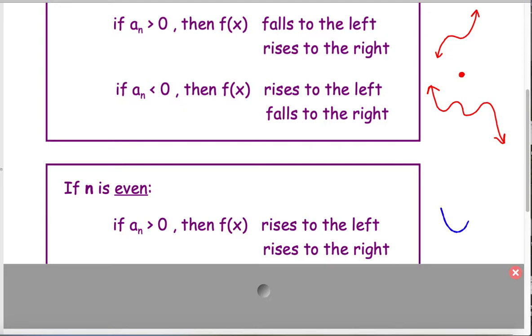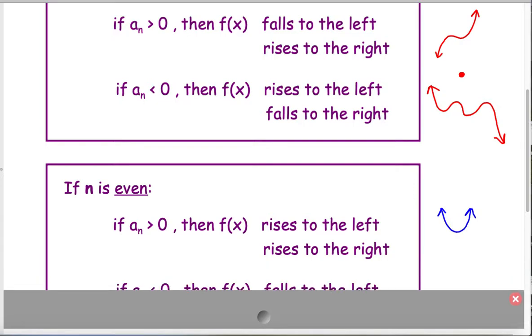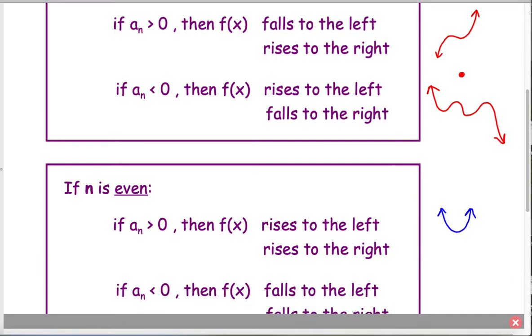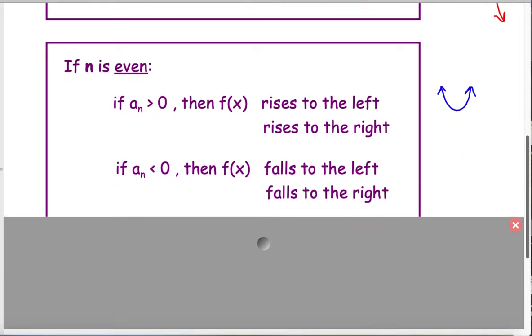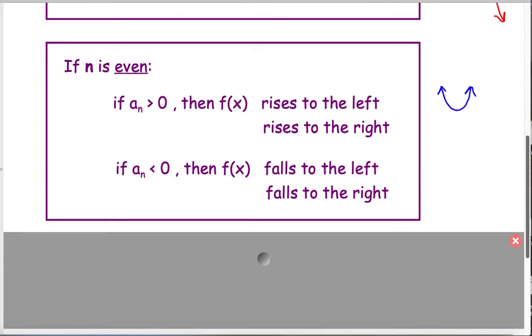For example, just look at a y equals x squared graph. It rises to the left, rises to the right. If that leading coefficient is negative, for an even-powered polynomial where the highest degree is an even number, then we might have something that looks like this. Our graph will fall as we go far to the left, and it'll fall as we go far to the right.